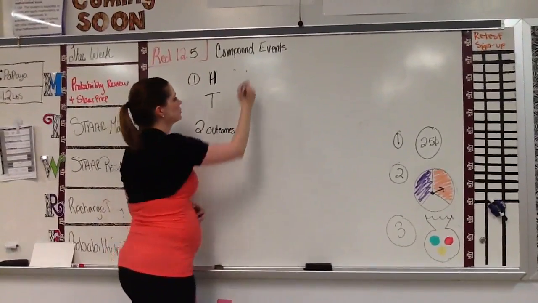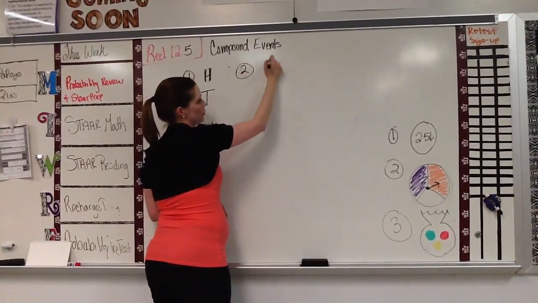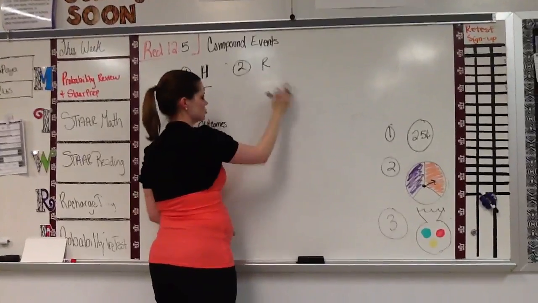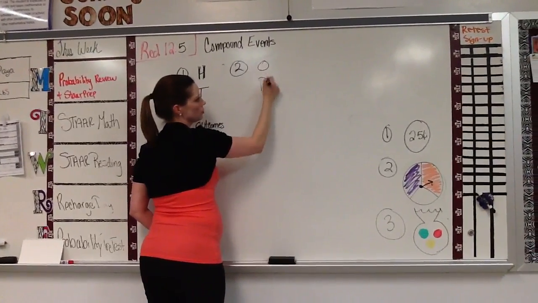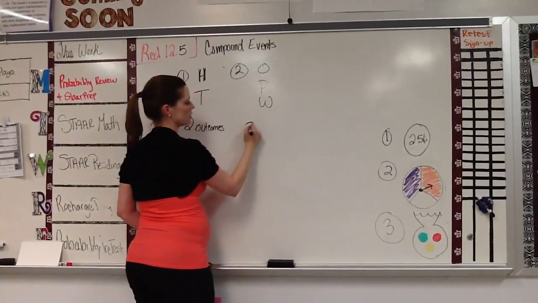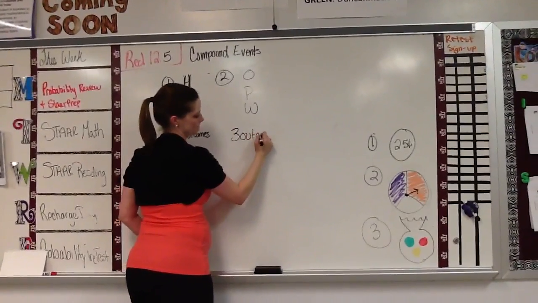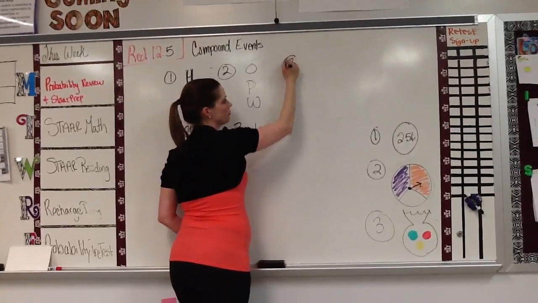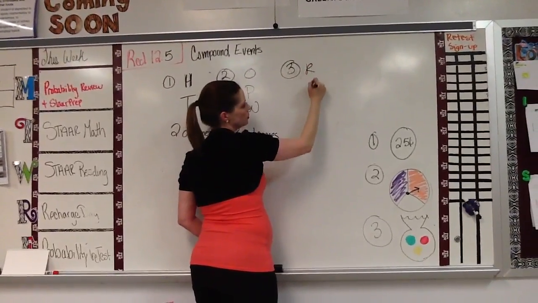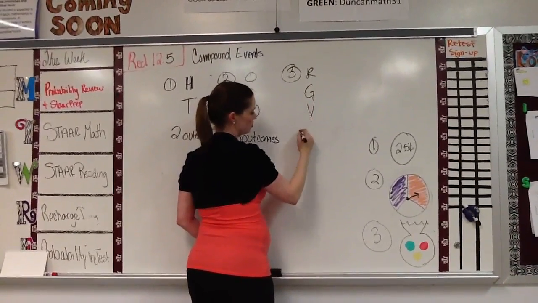The spinner has 3 outcomes. We got red. That's not red, that's orange. That's orange, purple, and white. So we have 3 outcomes.